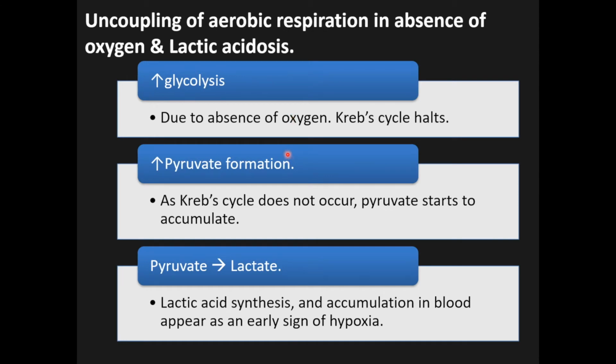Whenever there is increased glycolysis, there is increased pyruvate formation because the end product of glycolysis, as we all know, is pyruvate, and as the Krebs cycle does not occur, pyruvate starts to accumulate. And pyruvate eventually converts to lactate, and the lactic acid starts to accumulate in blood, which is a very early sign of hypoxia.